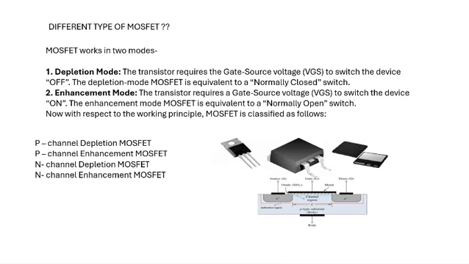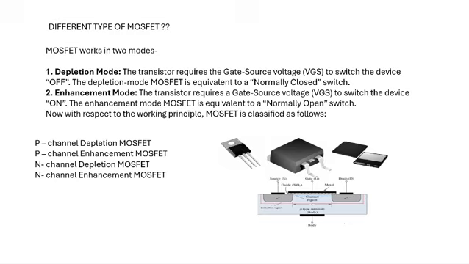Different types of MOSFET. MOSFET works in two modes: depletion mode and enhancement mode. Depletion mode: the transistor requires the gate-source voltage VGS to switch the device off. The depletion mode MOSFET is equivalent to a normally closed switch.